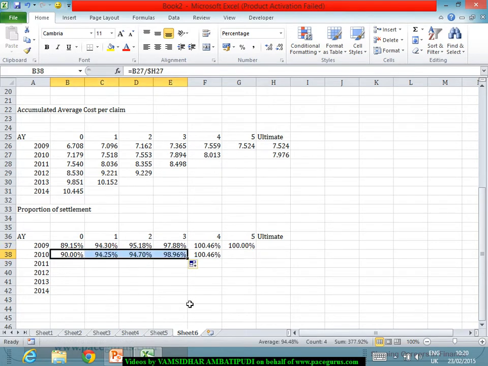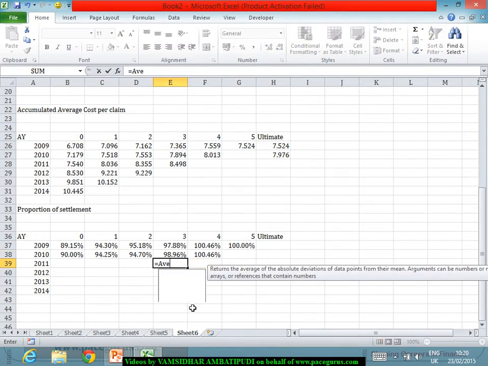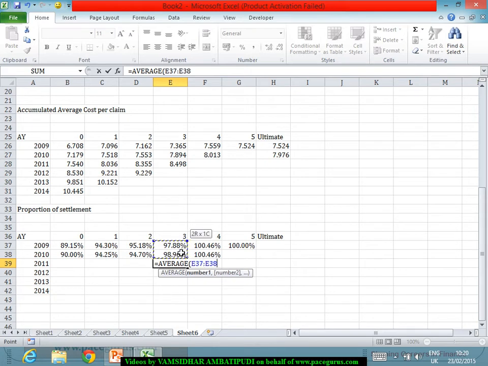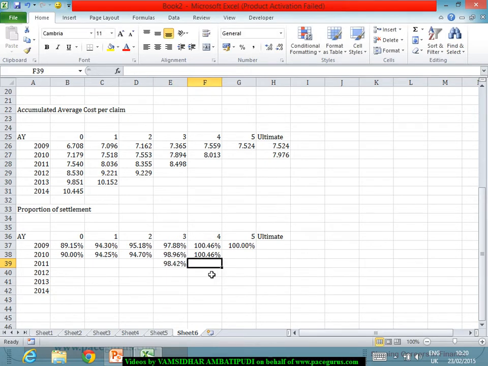I'll follow this kind of approach for 2010, which gives 98.96%. This is around 94.7 and this is around 94.25. The same logic as part of the grossing up here. I'll take a simple average of these 2 years as the grossing up factor for determining the ultimate of 2011.